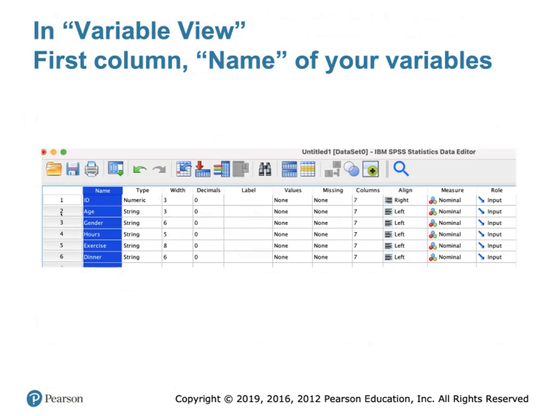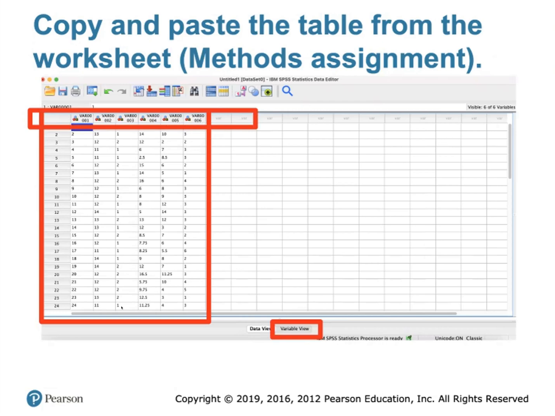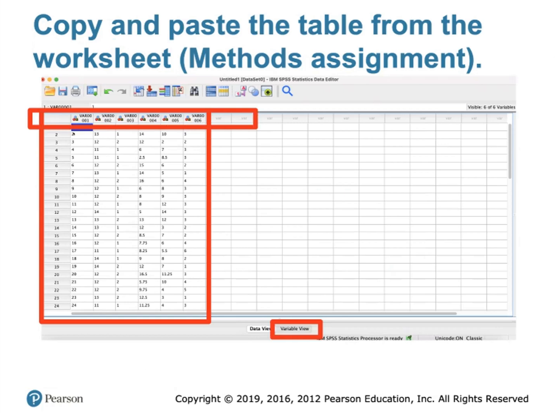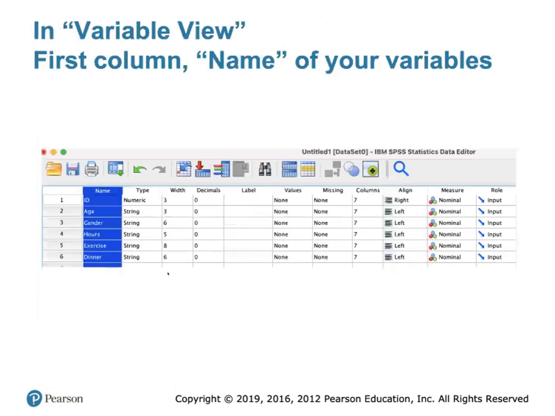So type your variable names. For example, our first variable, the first column, that was ID. And our second variable is age, third variable is gender, fourth variable is hours, fifth variable is exercise, and sixth variable is dinner time.